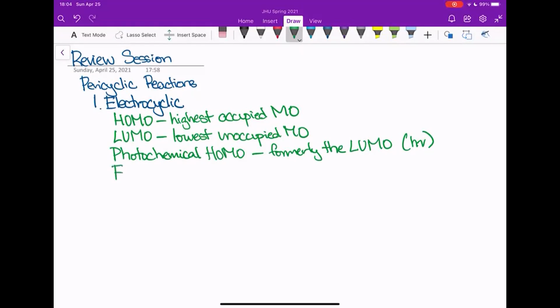Another concept to keep in mind is frontier orbitals, and these are the atomic orbitals involved in sigma bond formation.